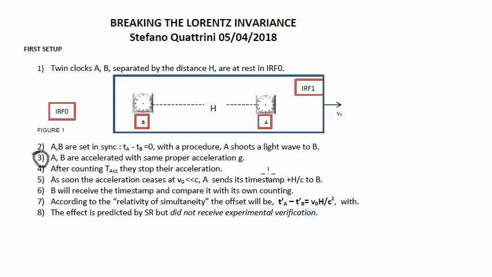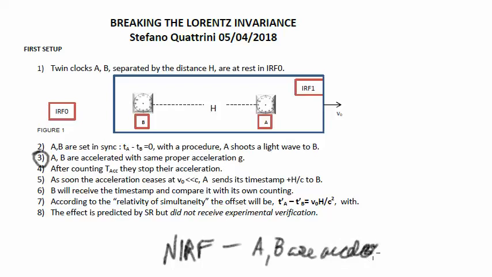Number one, it's not an inertial reference frame. It would be a non-inertial reference frame if A, comma B are accelerating.